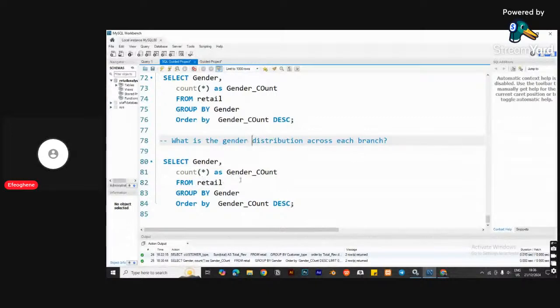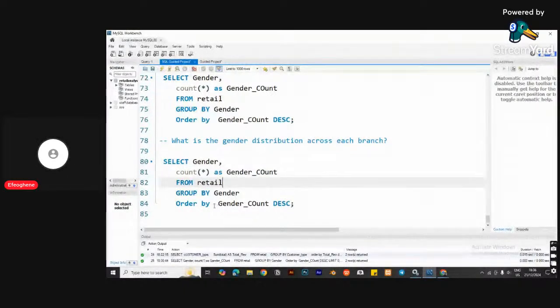I think I'm giving enough hints. Which additional clause do you think we add here aside from the group by and order by? Okay, I can't get an answer.